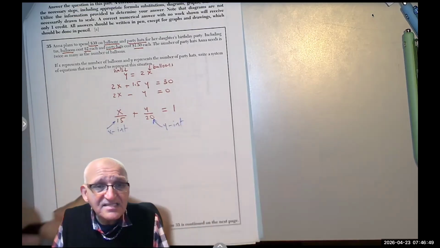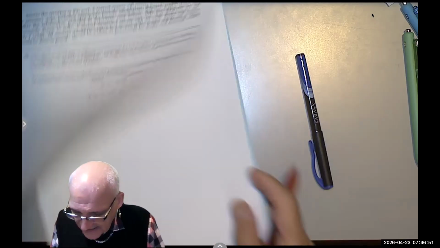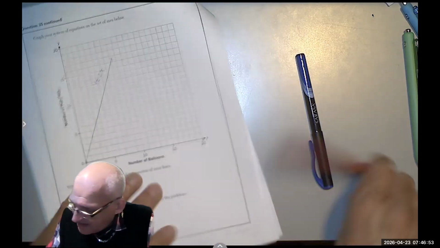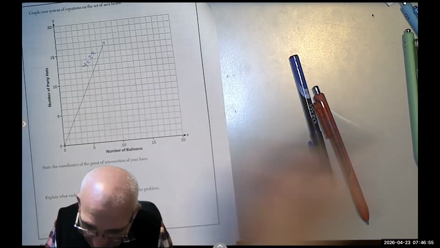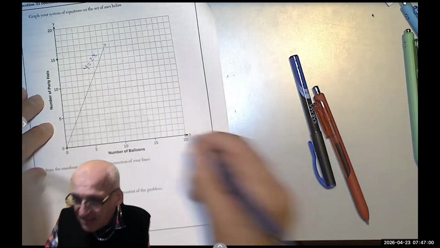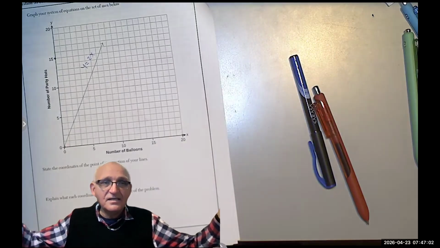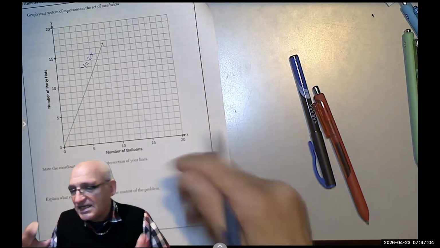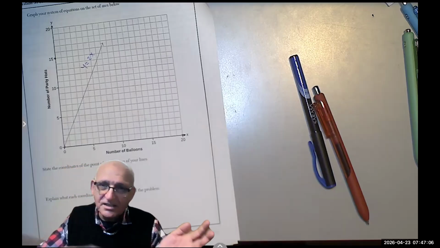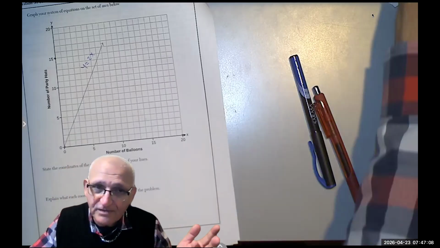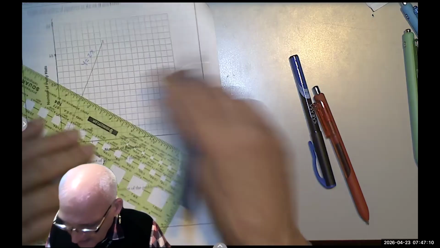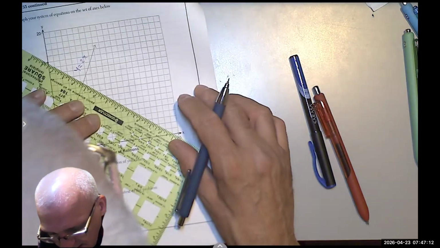So it's much easier. I can come here and say the x-intercept is 15, and I get the point right there. And the y-intercept is 20. It's here. I already have my line. It's much easier than to transform it into y equals mx plus b and find the slope and find the y-intercept. It's that easy.